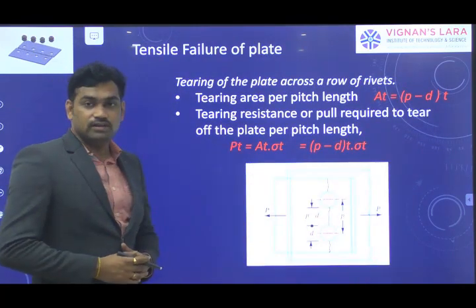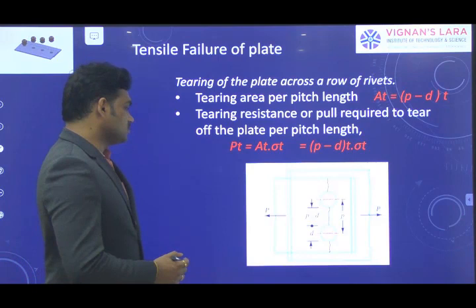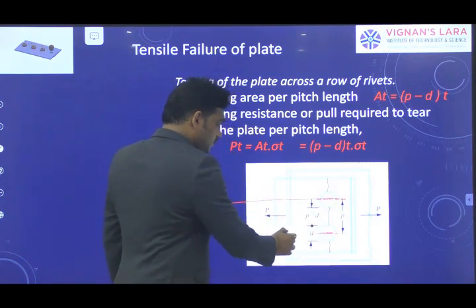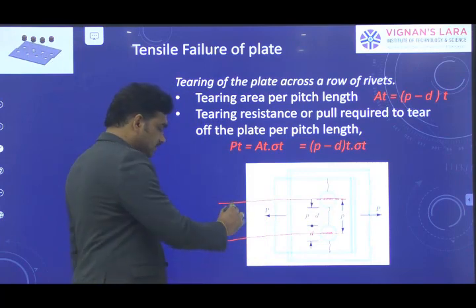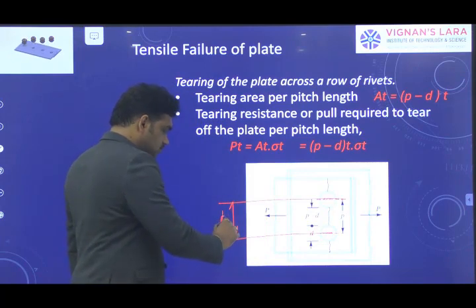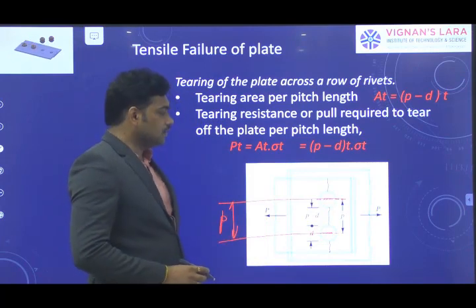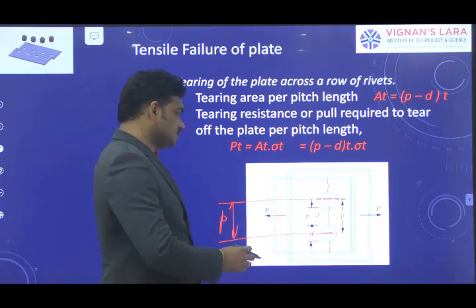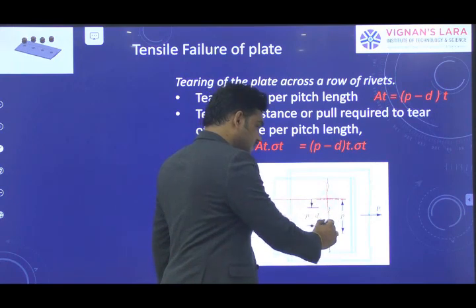So that is a tensile failure of a plate across the rivets. We know the distance from the center of one rivet to the center of the next consecutive rivet is denoted by small p, the pitch. And here the holes are drilled. So the resisting area has to be taken at this particular cross section.